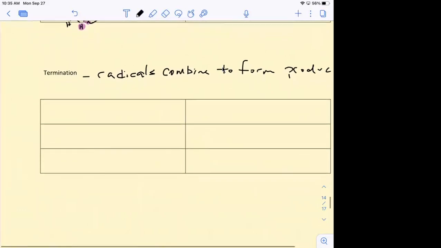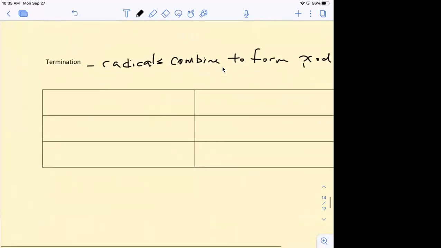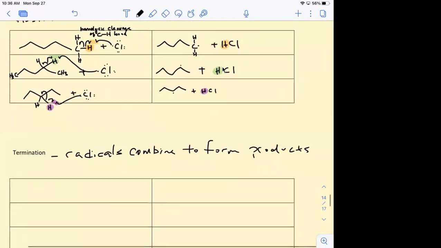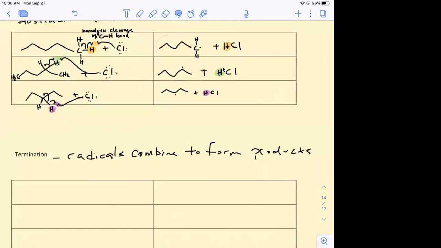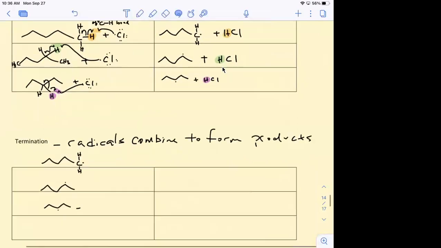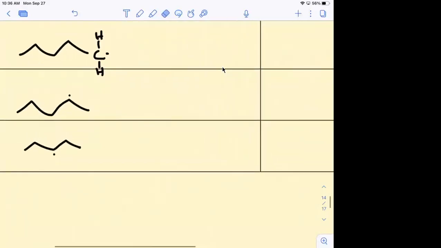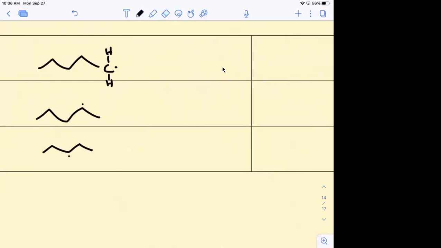All right. So that's where your radicals from propagation, all three of them, are going to come here. Actually, I'm just going to copy, if y'all don't mind. All right, so all three radicals here are now going to combine with a chlorine, because that's the goal of the reaction.